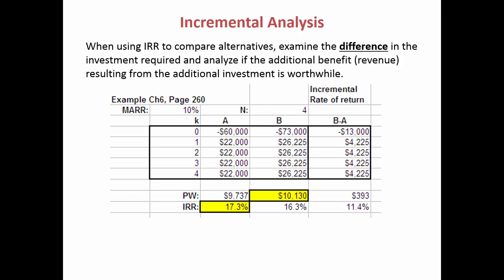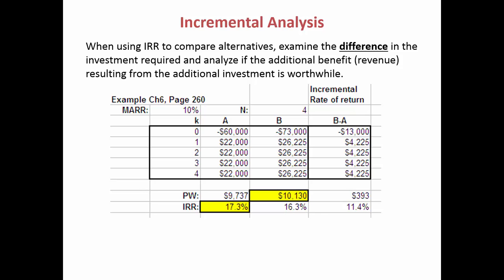So our MAR is 10%. That's saying maybe we had to borrow money from the bank to finance these projects. If you're borrowing money from the bank at 10%, but you can get 11.4% on the project, then you should do the project because you're making more than the MAR. So the incremental internal rate of return of 11.4% is how we know that option B is better.